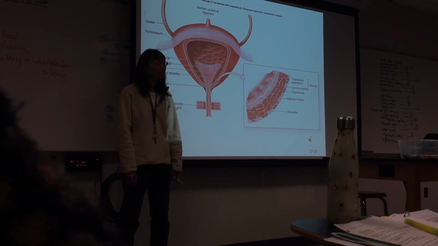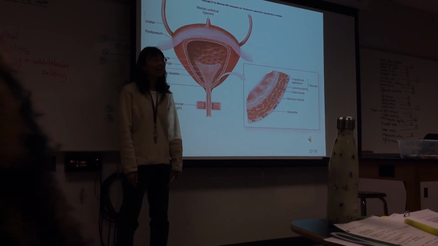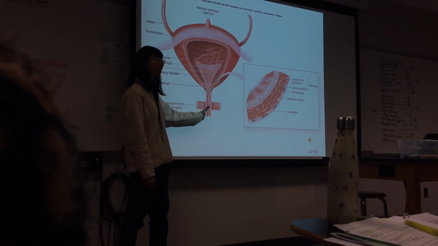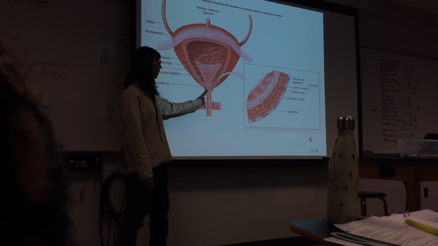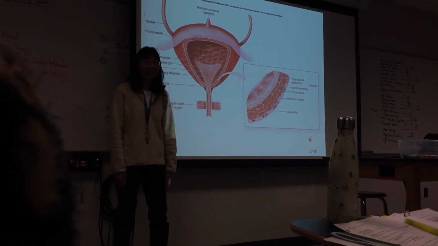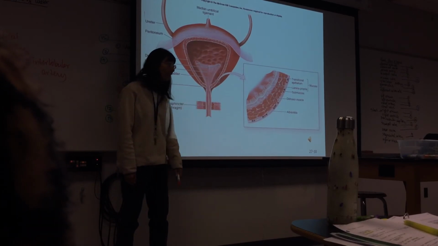When we potty train our children, what are we doing? We're coordinating the activity of the involuntary with the voluntary. That's all it is. These two muscles are coordinated for us to pee, yes? We have to relax both to let the urine go.